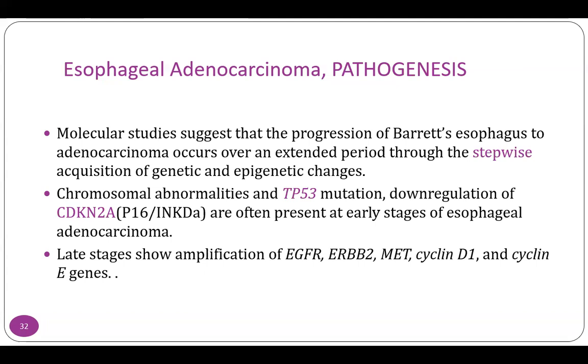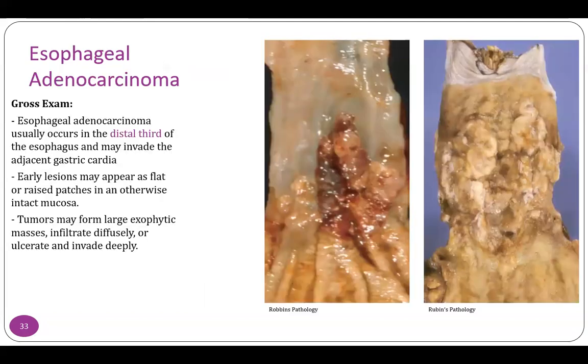In late stage, we can see cyclin D1 and cyclin E, EGFR. There is no clear-cut molecular change in the adenocarcinoma. Just in the late stage we see EGFR, and so on. So the molecular studies are not that helpful in adenocarcinoma.